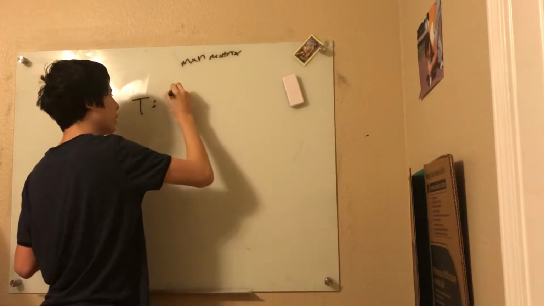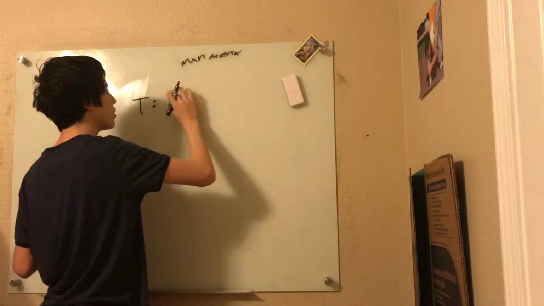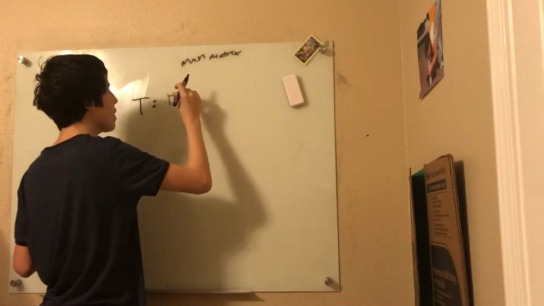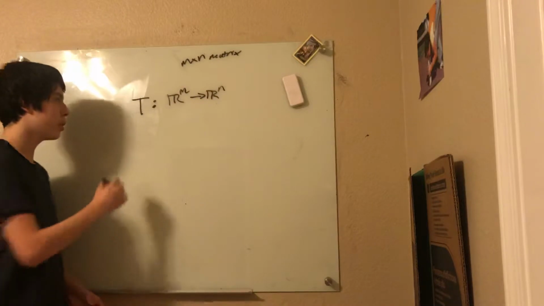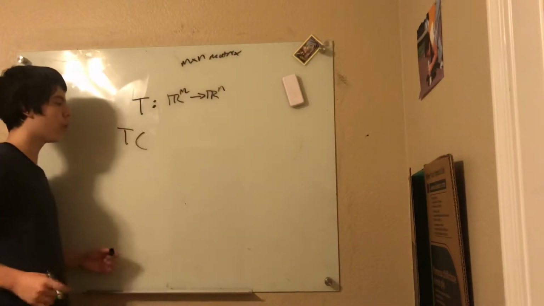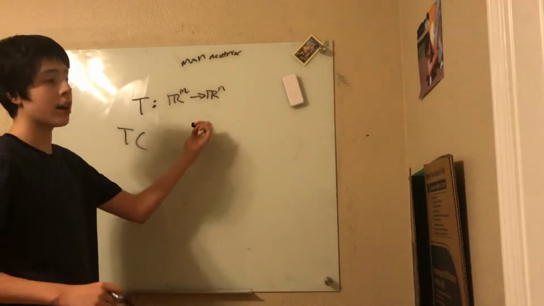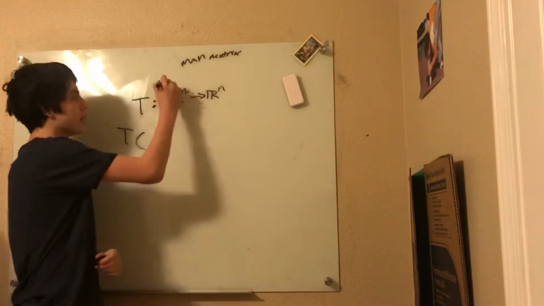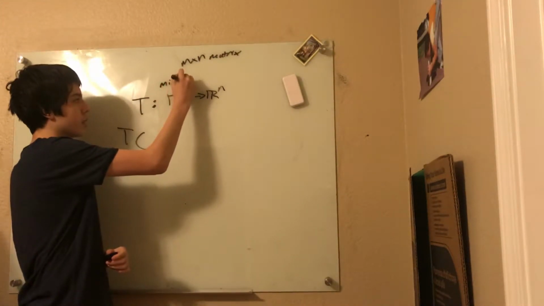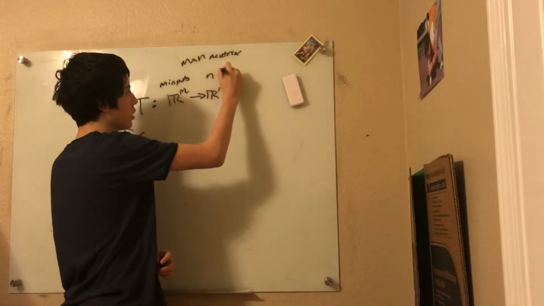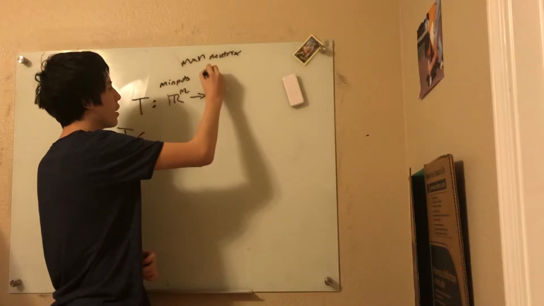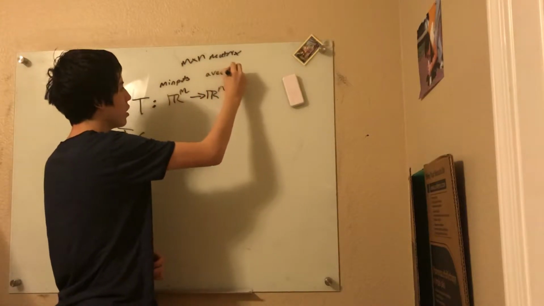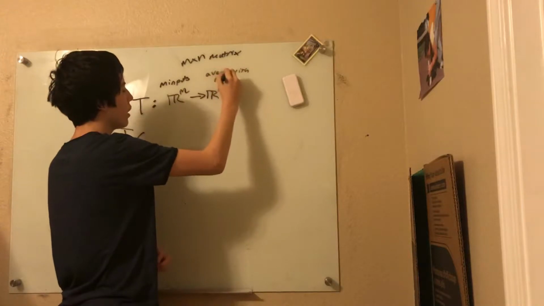So this would be Rm to Rn, and this is a linear transformation, meaning it has m inputs and n outputs, a vector with n entries.